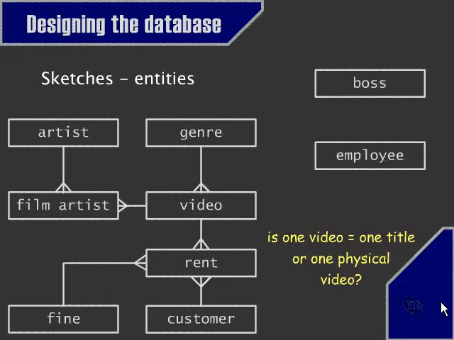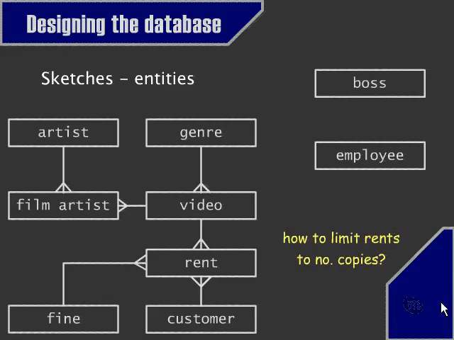Now, is this video representing a title or a physical video? If we use the rent entity, then we're able to consider the video to be a title. However, the problem then is that each of the videos will presumably have a single code. So if one of the videos goes missing, we have no way of telling which one it was or where we should go to look for it.